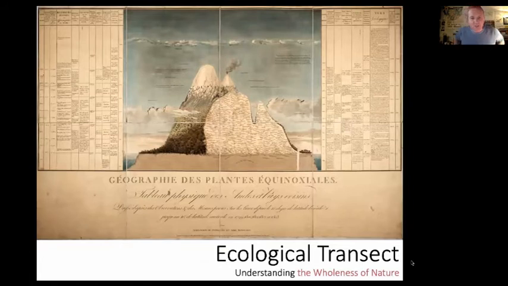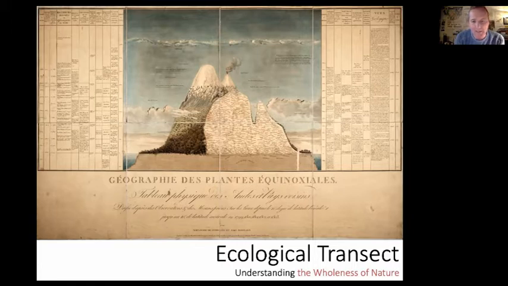And so we're going to be looking at ecology and some of the things that Alexander von Humboldt studied. And this is a drawing that was done of his studies in the 1860s, I believe, after his studies had been published in the early 1800s. So he did not produce this drawing, but the drawing is based on his studies.